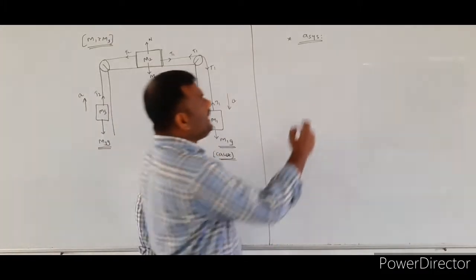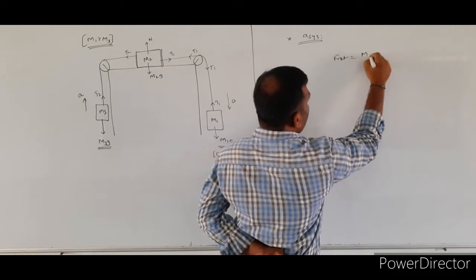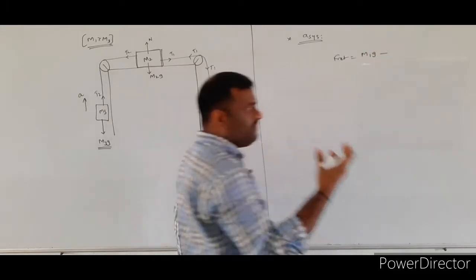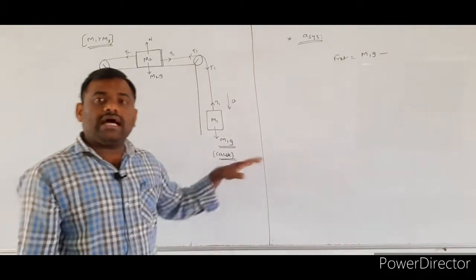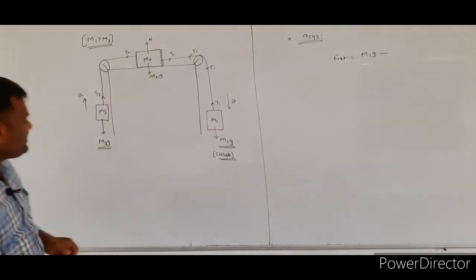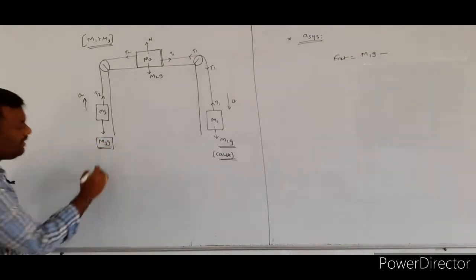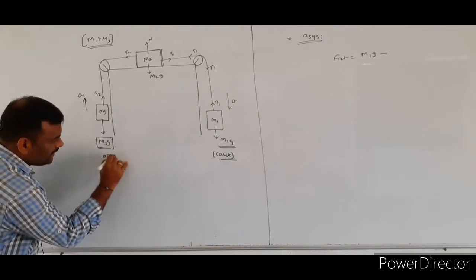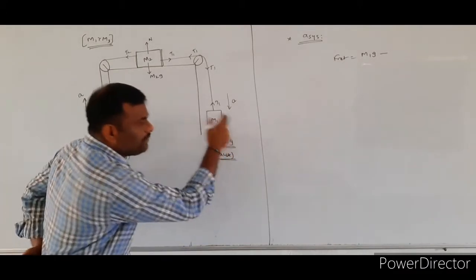So here I will write net force is equal to M1G. This M1G weight tries to bring the system into motion in the downward direction, whereas the weight of the third block will be opposing the motion of the block M1.